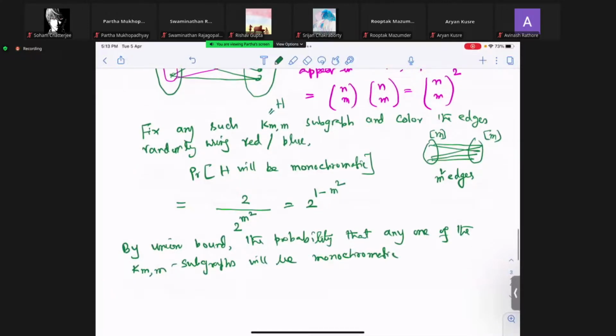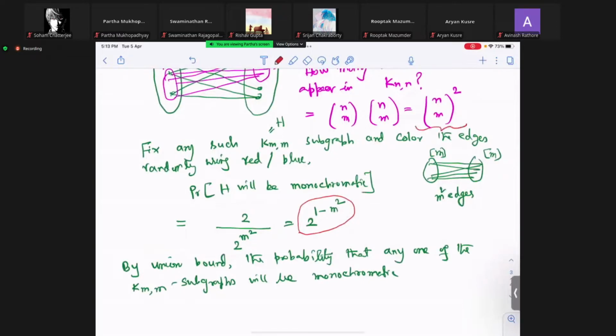One subgraph will be monochromatic with this much probability, and you are taking a union bound over so many subgraphs. Right? So that's very easy. So that probability is at most n choose m squared times 2 power 1 minus m squared.